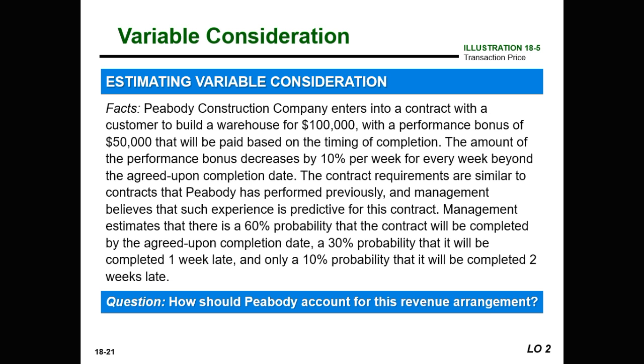Or what they may have is that maybe we will build this bridge for X amount, and then for every set amount of time that you come in late, you actually lose some of the original consideration. Maybe it's not a performance bonus and you lose part of the original, or you're going to give up a certain amount. This happens often with government jobs.